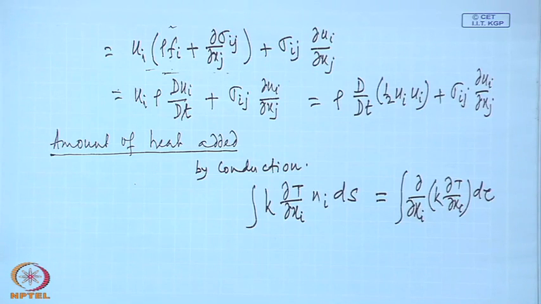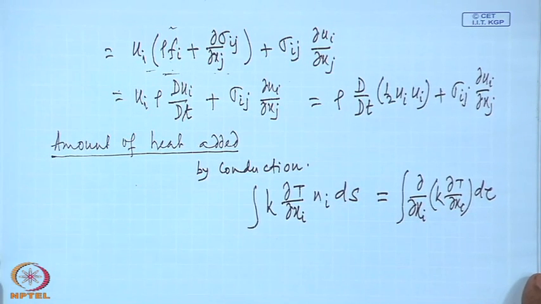Okay. So there should be a minus sign because if temperature gradient is positive, heat will flow out of the system. But we are considering heat added to the system as positive. So temperature gradient is seen from the side of the system or towards the system?